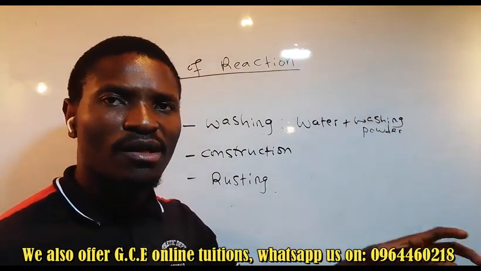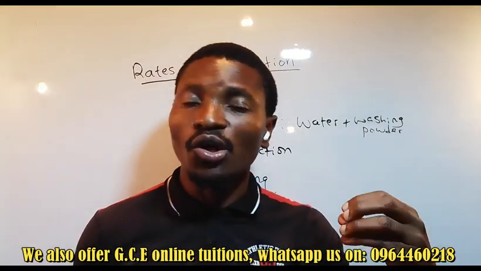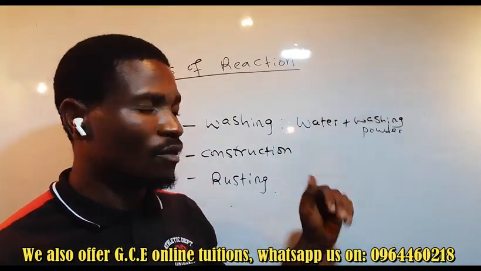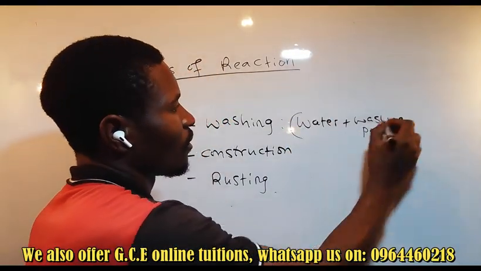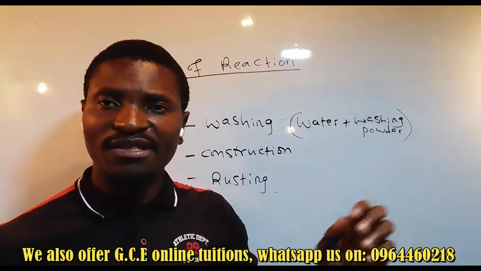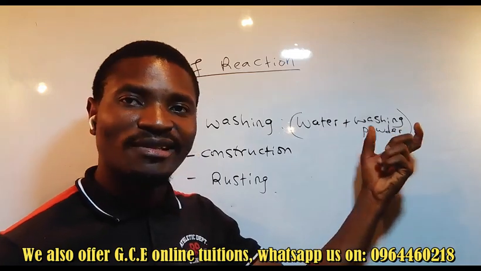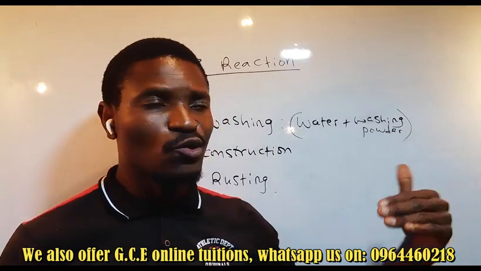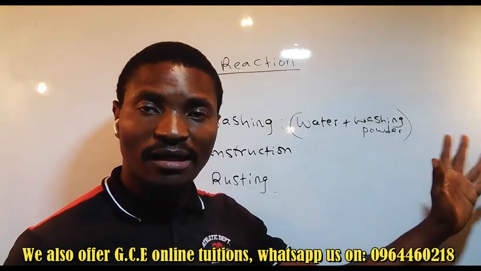Most of the time your clothes tend to be so dirty that you don't want to put everything there and then start washing. So when you're talking about the rate of a reaction, meaning the speed, how fast is the washing powder going to react with the dirt. Sometimes the dirt can also be the chemical itself, so you want to know how that is going to play out. That's also an example that you can give.